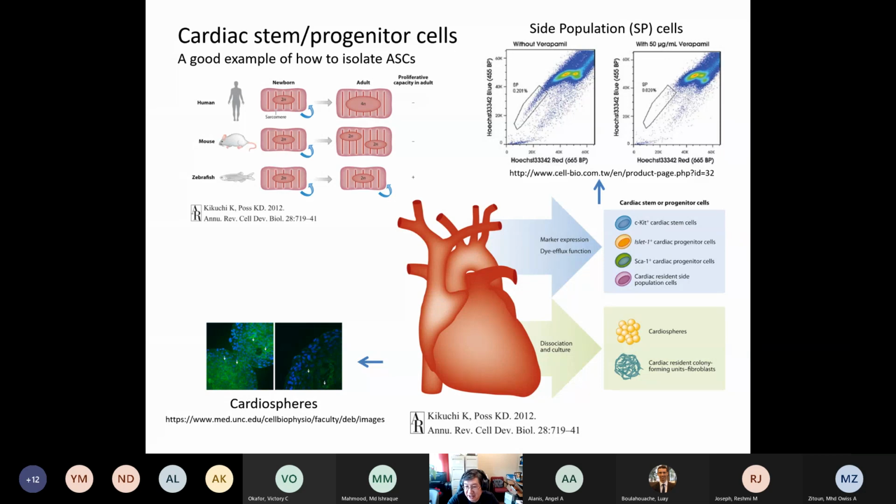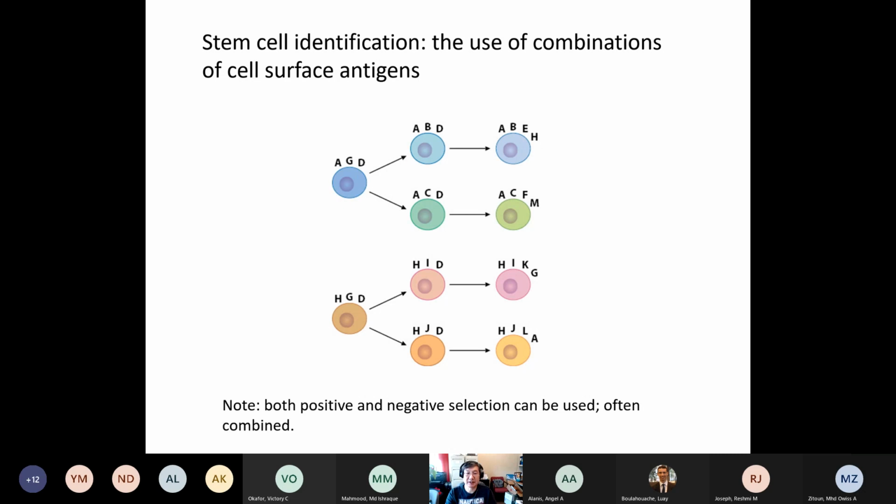One is based on their unique culturing feature. The second is about function. They have specific function, and you can utilize that function to identify them. And third will be markers on the cell surface. And first, I will discuss the use of a combination of cell surface antigens.